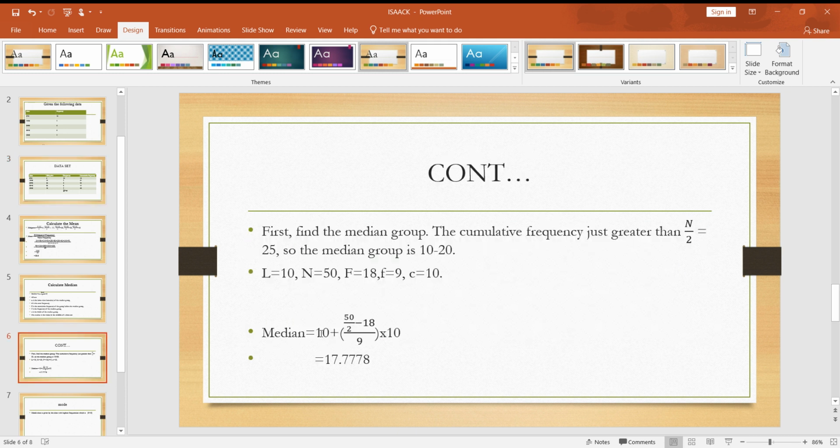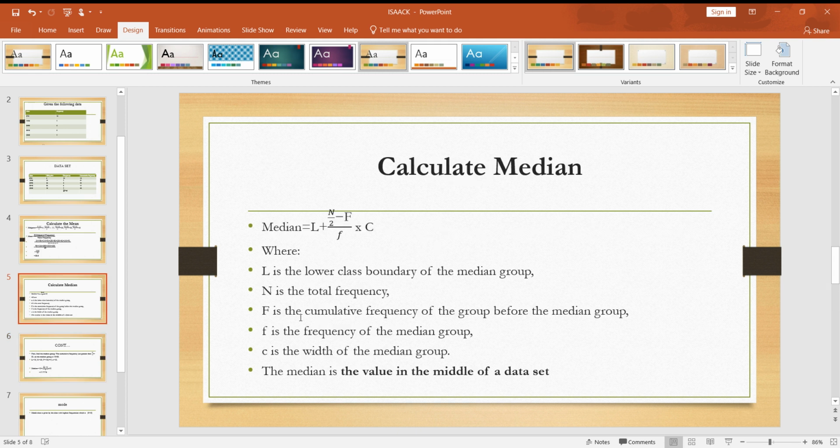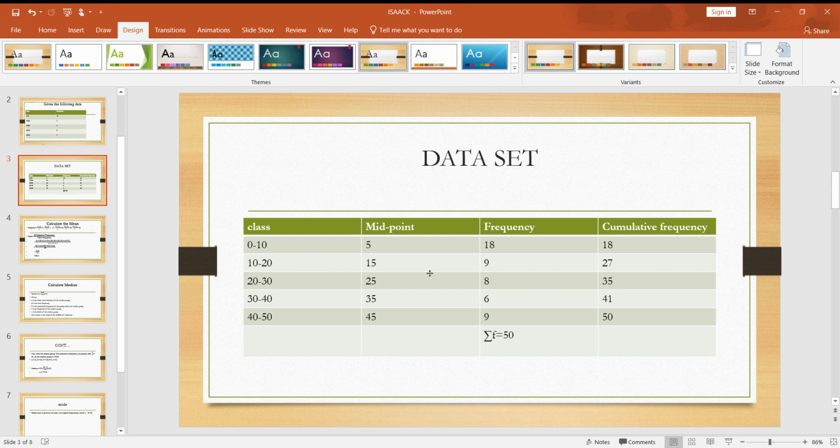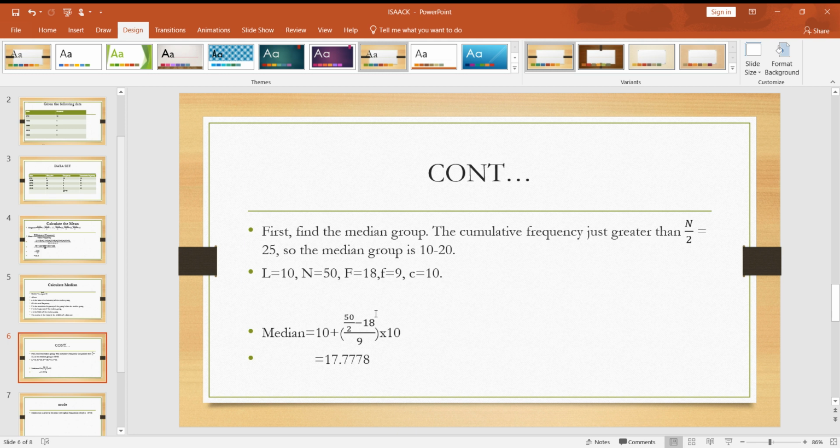Then, plus our frequency, which is 50 all over 2. Then you subtract 18. 18, as we said earlier, capital F, is the cumulative frequency of the group before the median group. Our median group is 10 to 20, therefore, the cumulative before the median class is 18. Coming back to our calculation, it will be given by 50 all over 2 minus 18, all over 9.